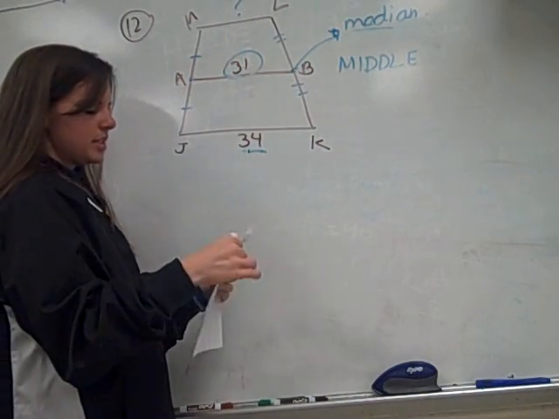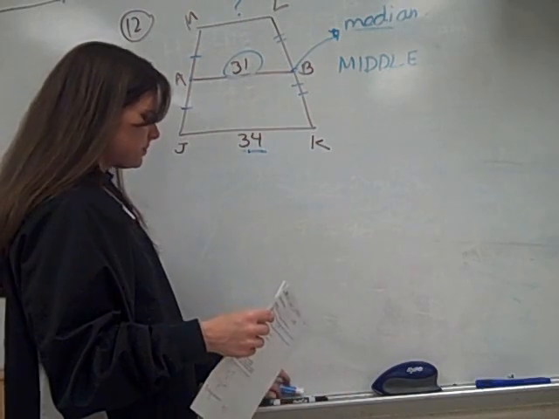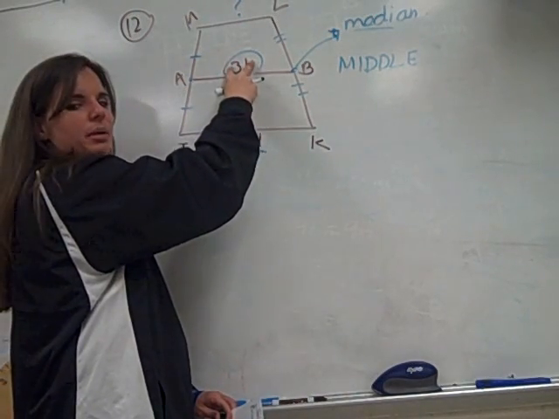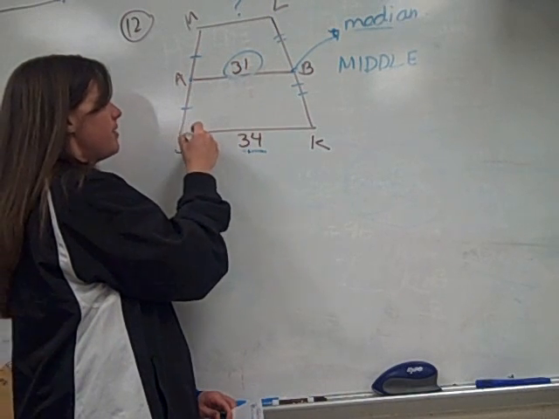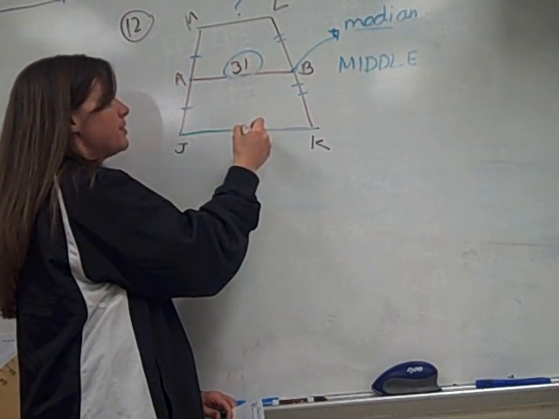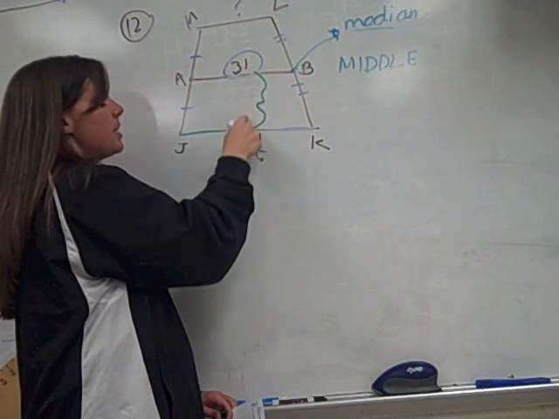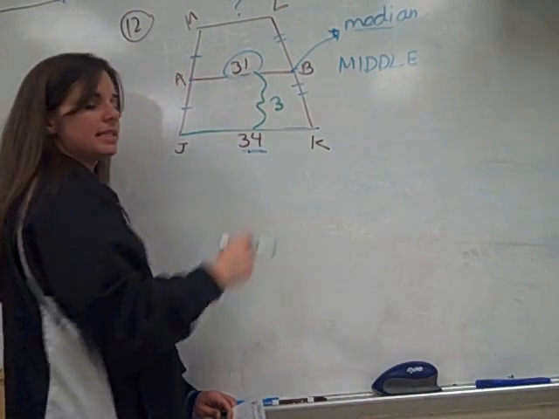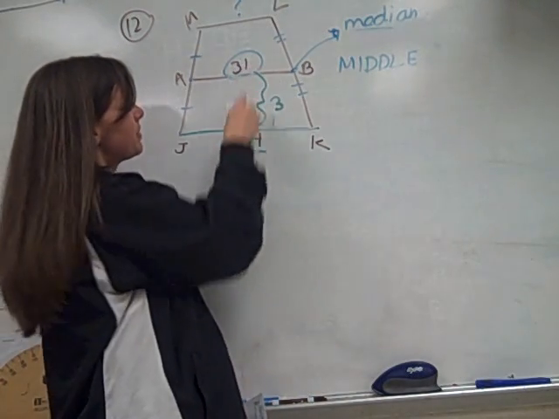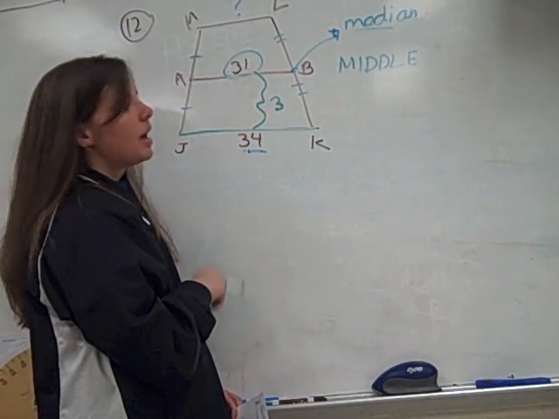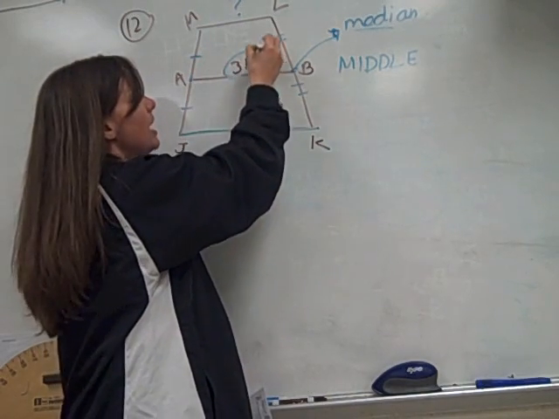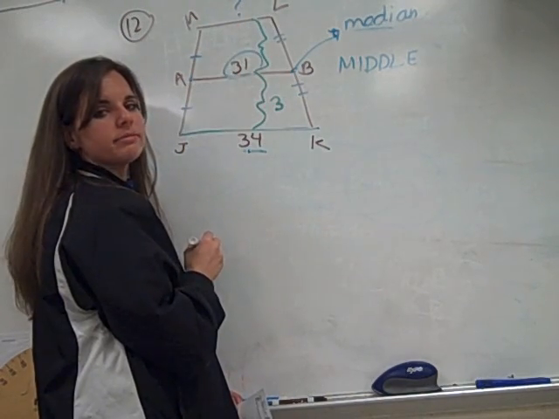So your question on this one is asking you to find ML. Your median has to be that middle number. So take a look here. If your longest base down here is 34, how many units are there between that 34 and 31? Doesn't it take 3 to get from 31 to 34? Well, what does that mean? If I want 31 to be in the middle, well, I need to go 3 on the other side up here.